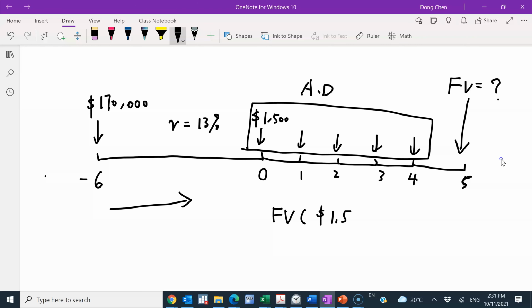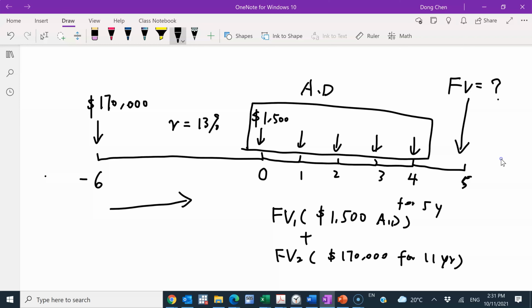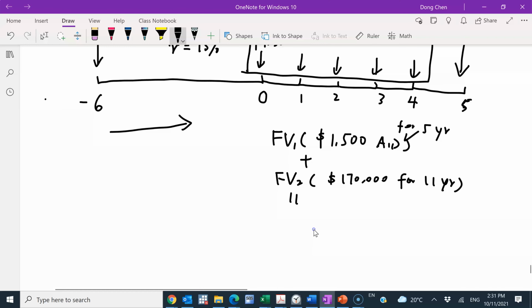Future value 1 is the future value of this $1,500 annuity due, plus future value 2 of this $170,000 for 11 years. The annuity due is for 5 years. Once we add these up, that will arrive at what we need, the future value of the total.